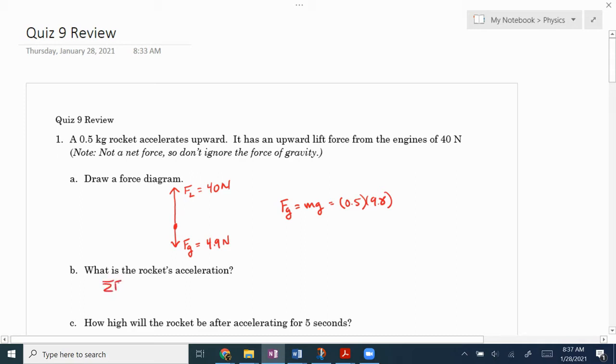To figure that out, you just sum your forces in the y direction. It's accelerating, so we put ma, and it's going to be the lift force minus the force of gravity.